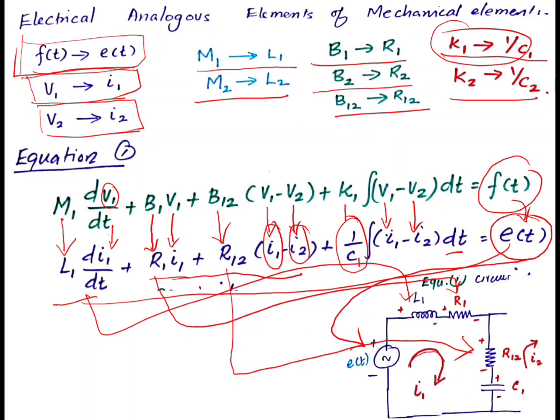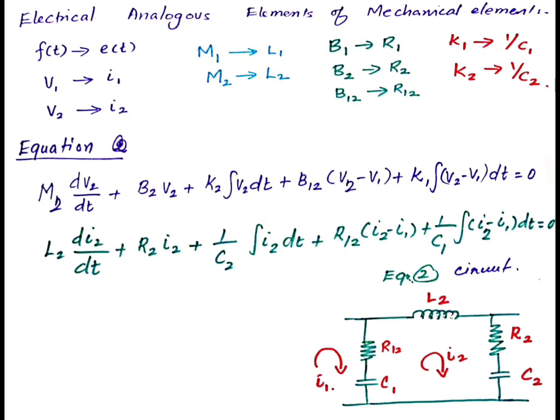This loop current is I1 and this is I2, then R12 and the capacitor C1. The resistor and the capacitor are in series and common to loop 1 and loop 2, and L1 and L2 are in series with the voltage source. So this is the equivalent circuit. We started with the mechanical system and obtained the electrical equivalent circuit for the first equation. Similarly, we are going to change the second equation and draw the circuit.